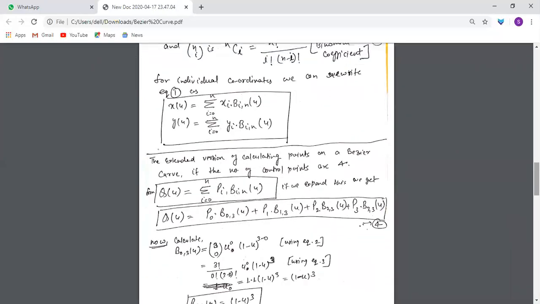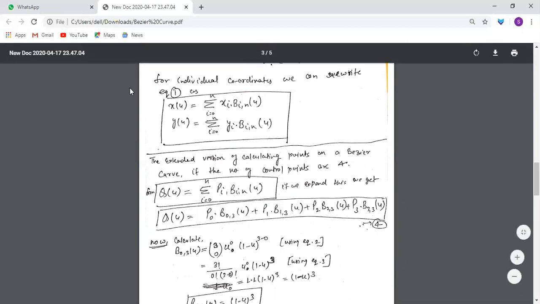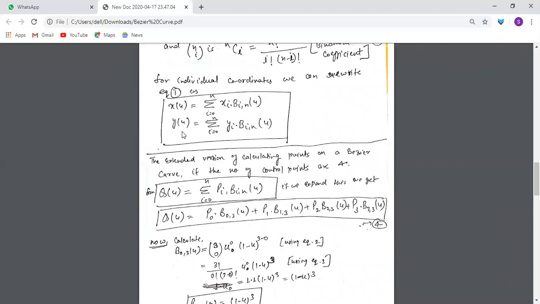Now, how will we use this equation to solve our numerical? How do we calculate these x and y values? I've told you that mostly we will use curves of degree 2 or 3.